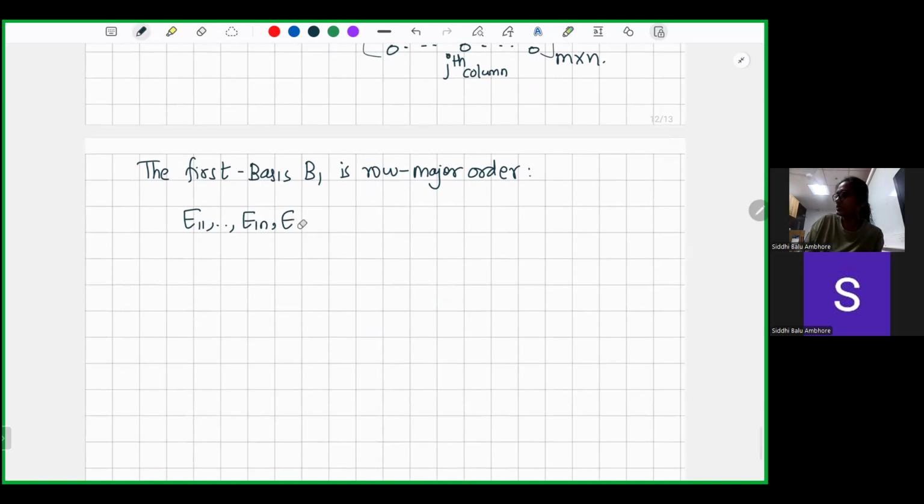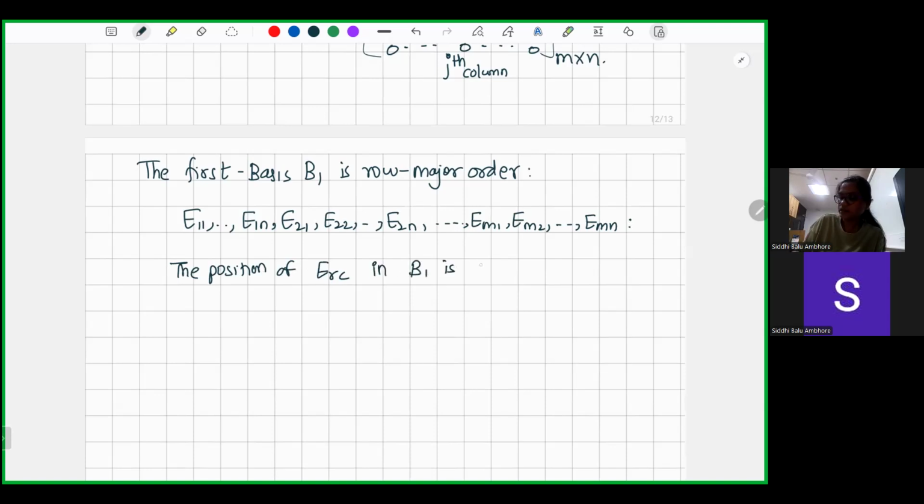So second is this E21, E22, and E2n, and it goes on up to Em1, Em2, and Emn. Okay, so the position of Erc in B1 is (r minus 1)n plus c, right?